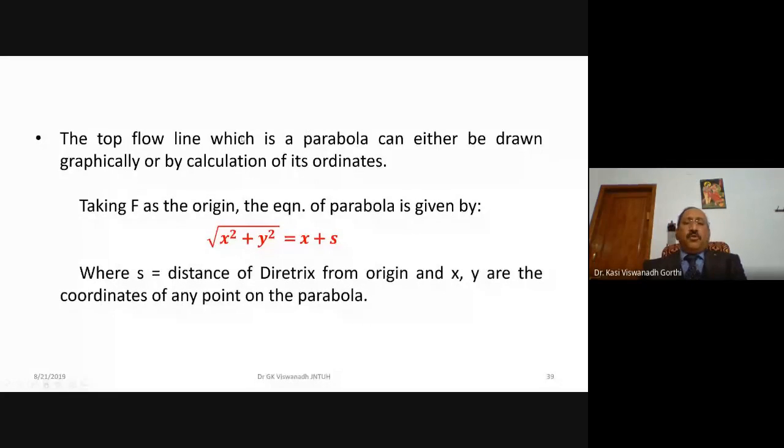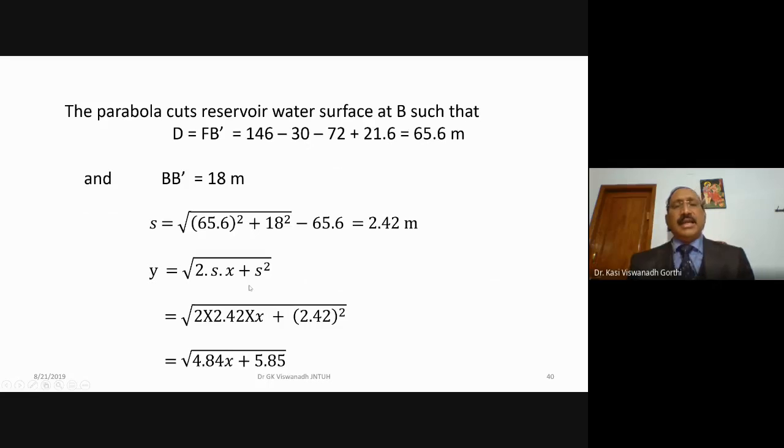Okay, so the top flow line, which is a parabola, can be drawn either graphically or by calculation of its ordinates. Taking F as the origin, the equation of the parabola we have already seen: square root of x square plus y square must be equal to x plus s, where s is the distance of the directrix, the focal distance from the origin, and x, y are the coordinates of any point P on the parabola.